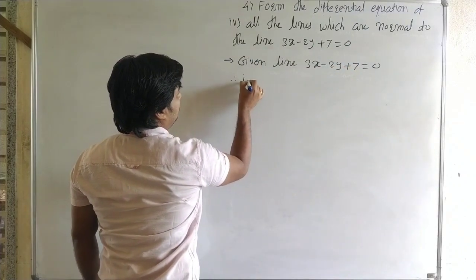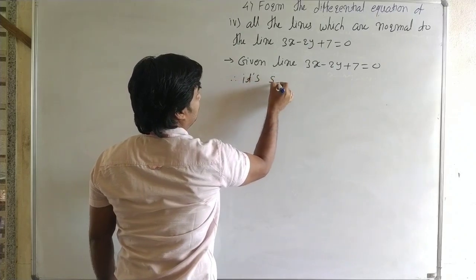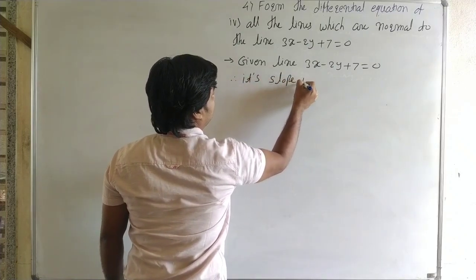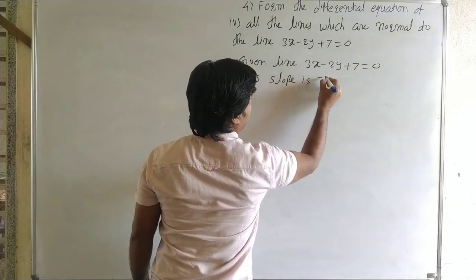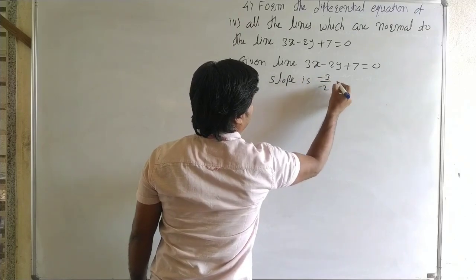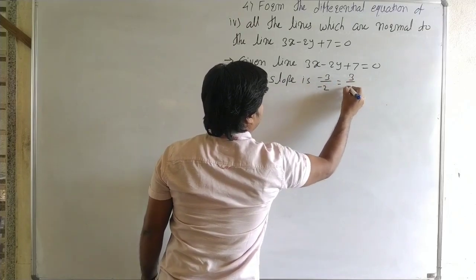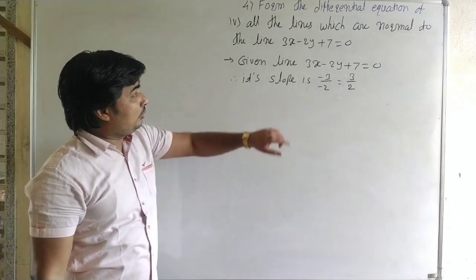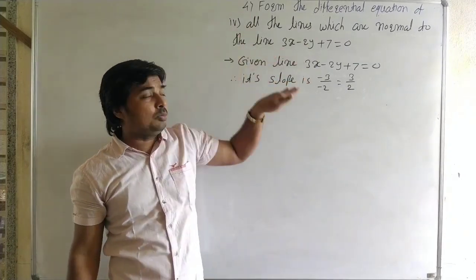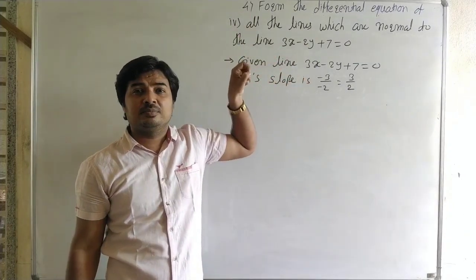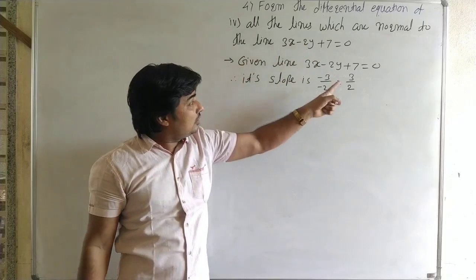Therefore its slope, the slope of this line, is minus 3 by minus 2, that means 3 by 2. Therefore the slope of the normal to this line is minus 2 by 3.